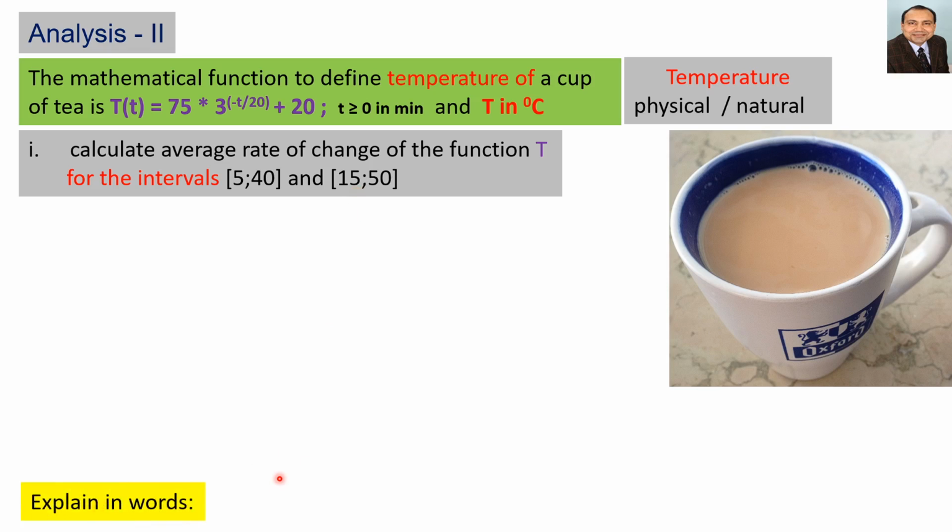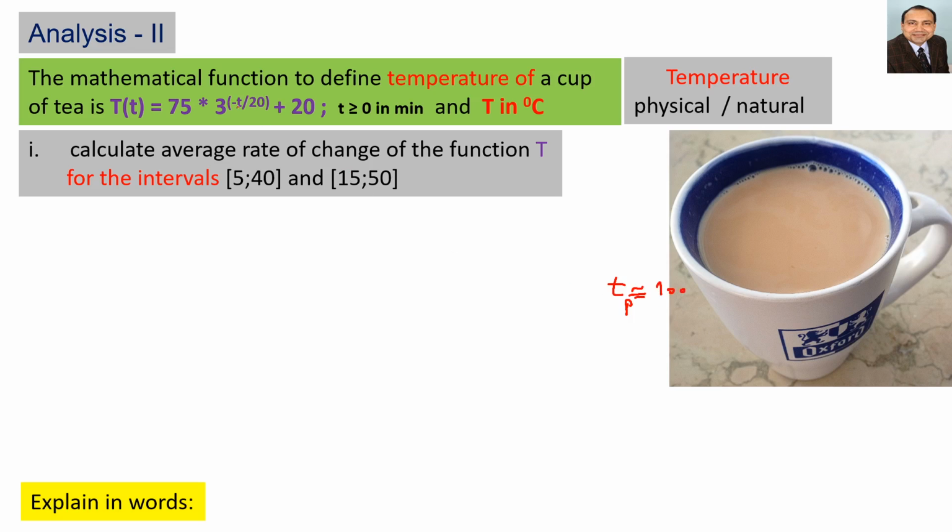Explain in words. A cup of tea is hot. With the passage of time, the temperature falls quickly. The room temperature is 20 degrees centigrade. The boiling point of water is approximately 100, less than or equal to 100.